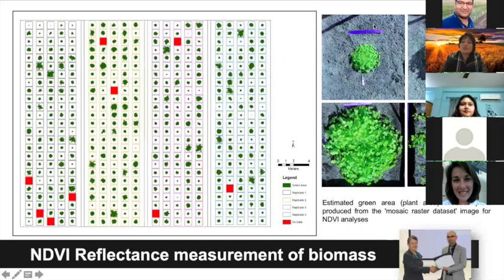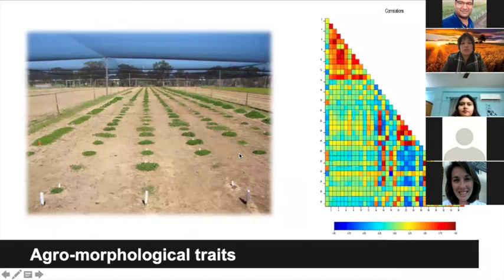We bought a $500 camera from eBay and just changed the filters, put the NDVI filters in there, and then he took photos in the field of all the 125 diversity panel, and we were able to do very, very accurate biomass and many other measurements.